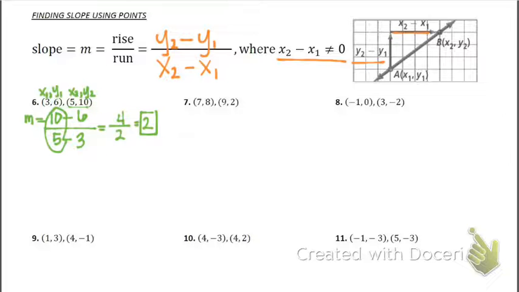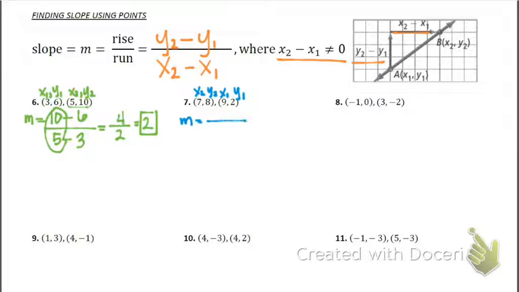For number 7, I'm going to pick 9, 2 to be my x1, y1, and my 7, 8 to be x2, y2. If you did differently, you're going to get the same answer, so don't sweat over it.